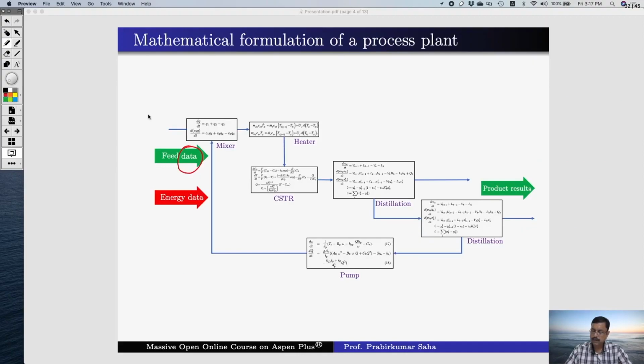When you work with mathematical formulation, the real life feed is not of any use. Here you have to use the data. If it is flow rate, then you have to give some information about how many kilomoles per hour or how many kgs per hour, or what is the quality, whether 50 mole percent or 25 weight percent, etc. And also energy data in terms of joule, or for a continuous system it is wattage, joules per second.